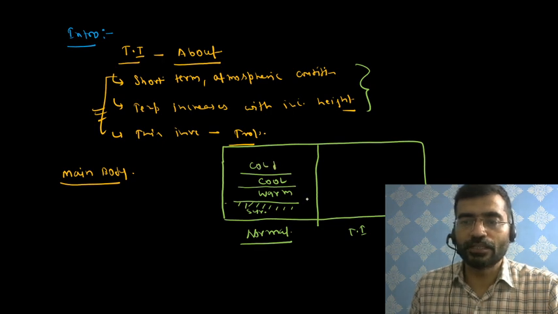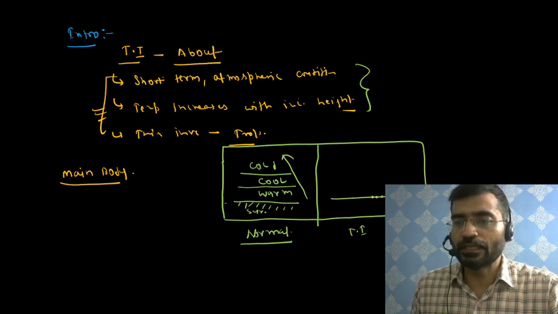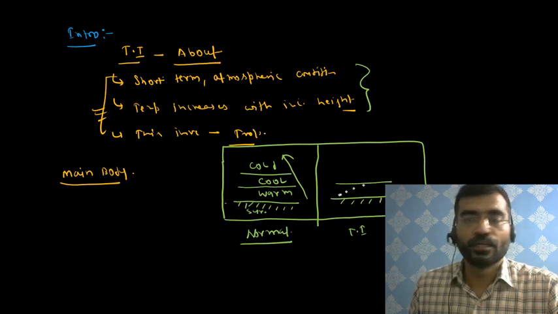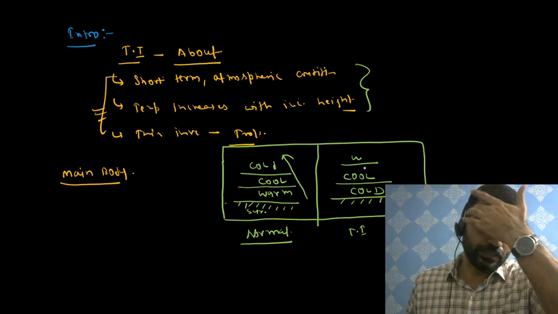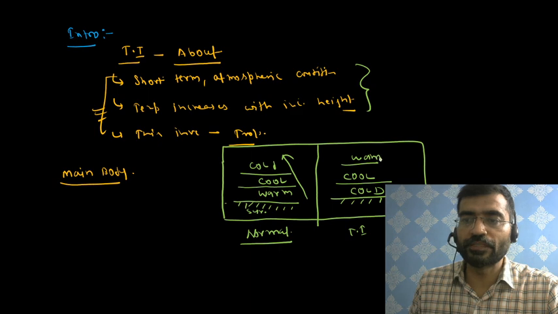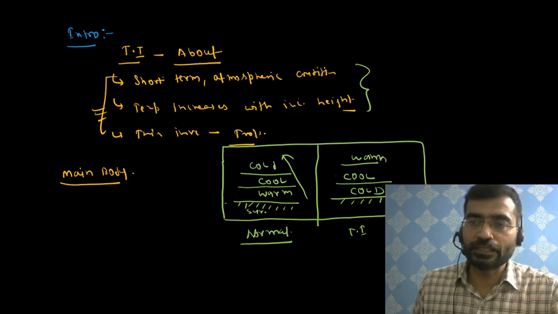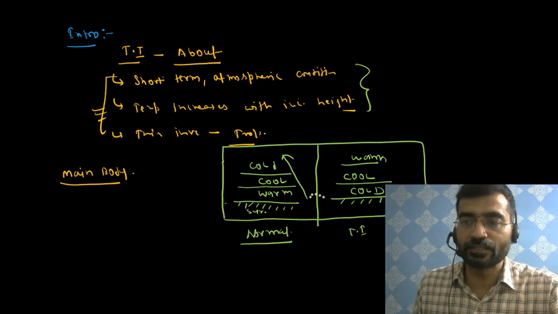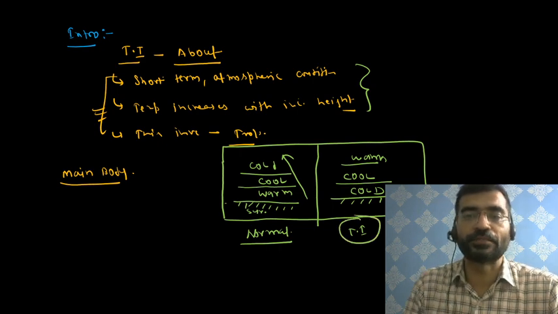So temperature decreases with increasing height in the normal condition. In the inversion condition, temperature increases with increasing height: that is a cold layer, thereafter a cool layer, thereafter a warm layer. If such a condition prevails, meaning temperature increases with increasing height, that is the condition of temperature inversion.